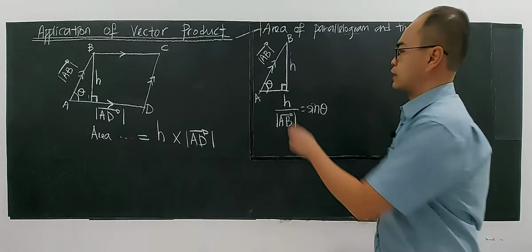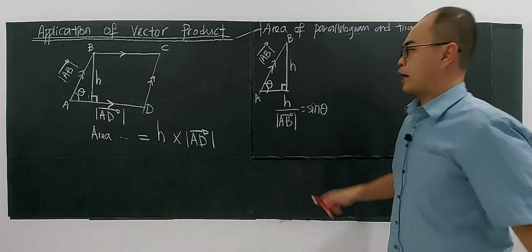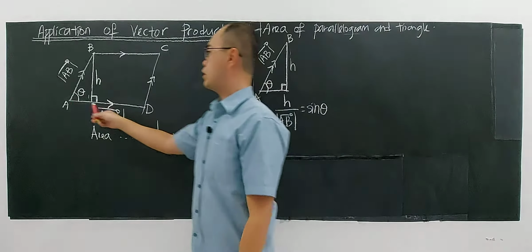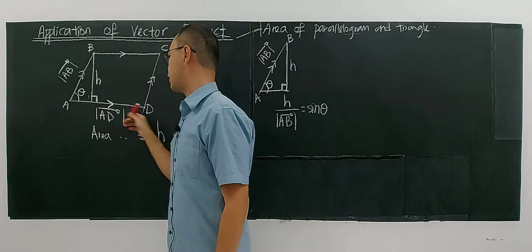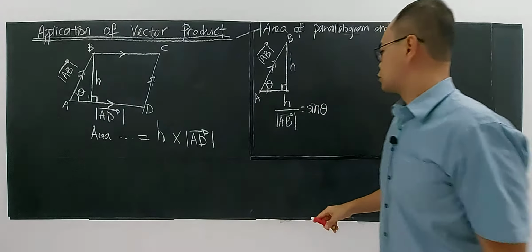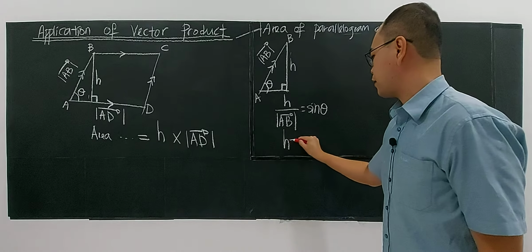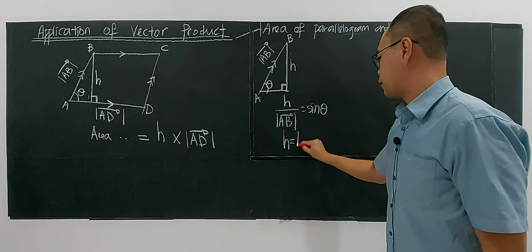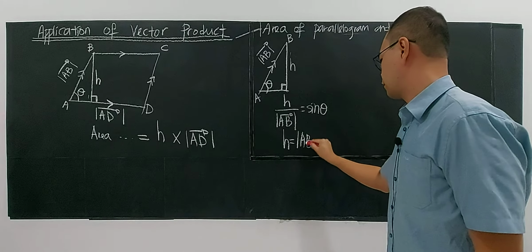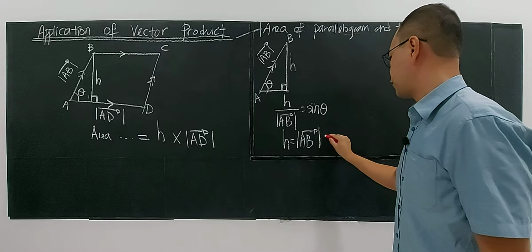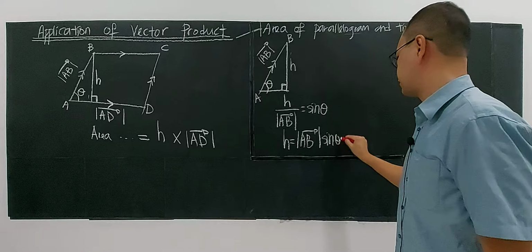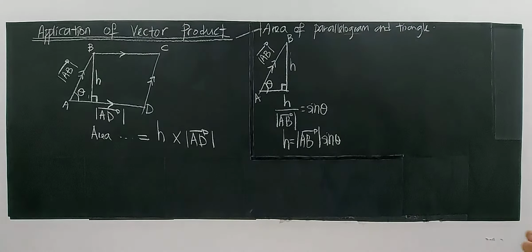You must remember this is the angle between vector AB and vector AD. So if I rewrite that, H can be written as the magnitude of AB multiplied by sine theta.